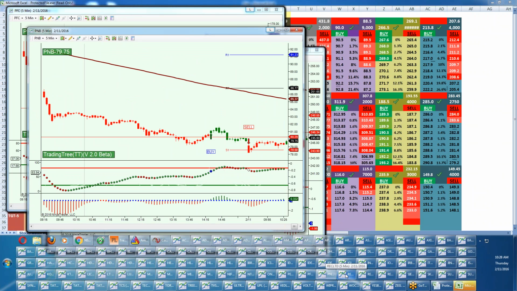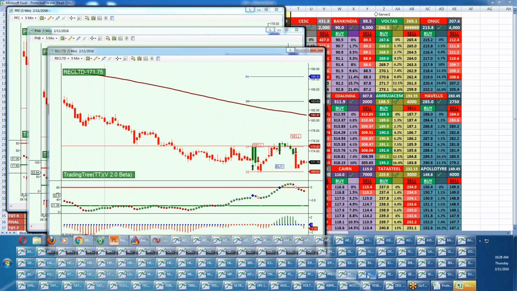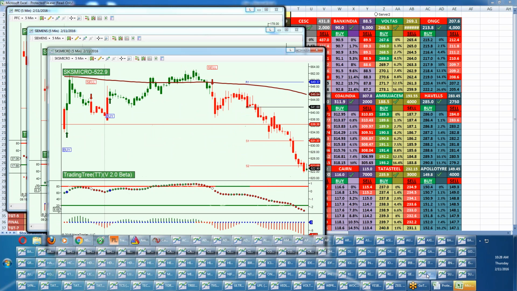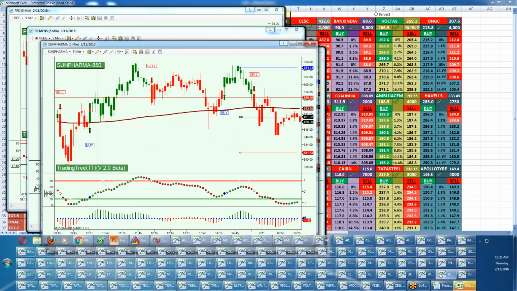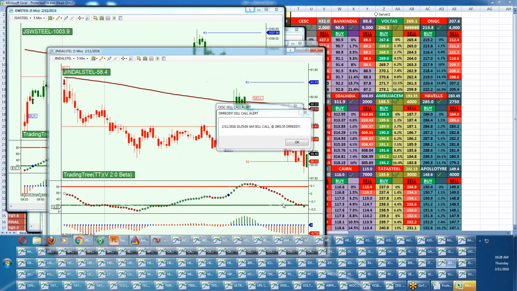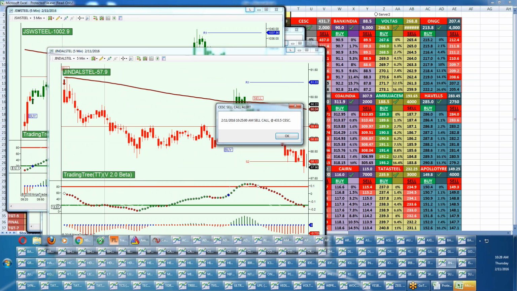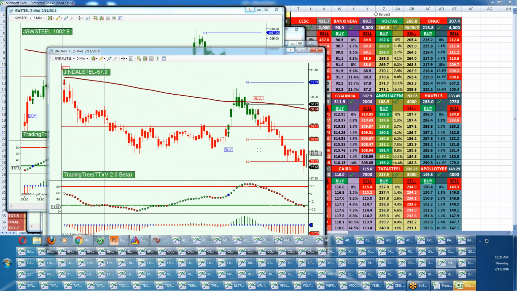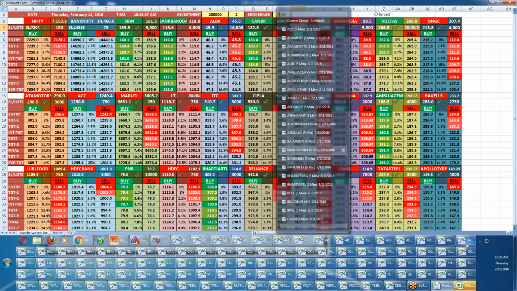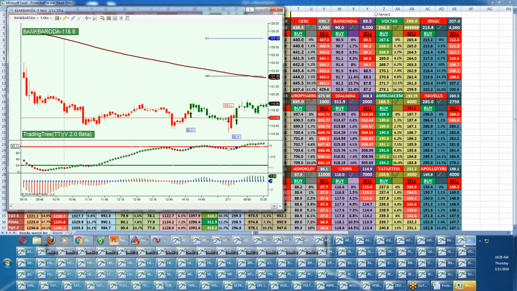PNB, we should get a buy call in the trading tree. So Bank of Baroda, let's just check the chart. It's still on the upper side.